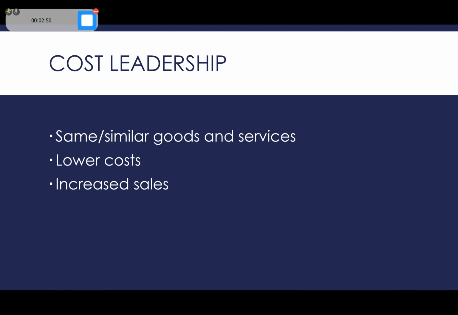All things being equal, you will want to pay the cheapest price for your milk. So a company that's following a cost leadership strategy will be trying to make sure that they can source that milk for as cheap a price as possible, so that they can then pass on that cost saving to the customers. So they're looking at lowering their costs, and they're looking to increase their sales at the same time.